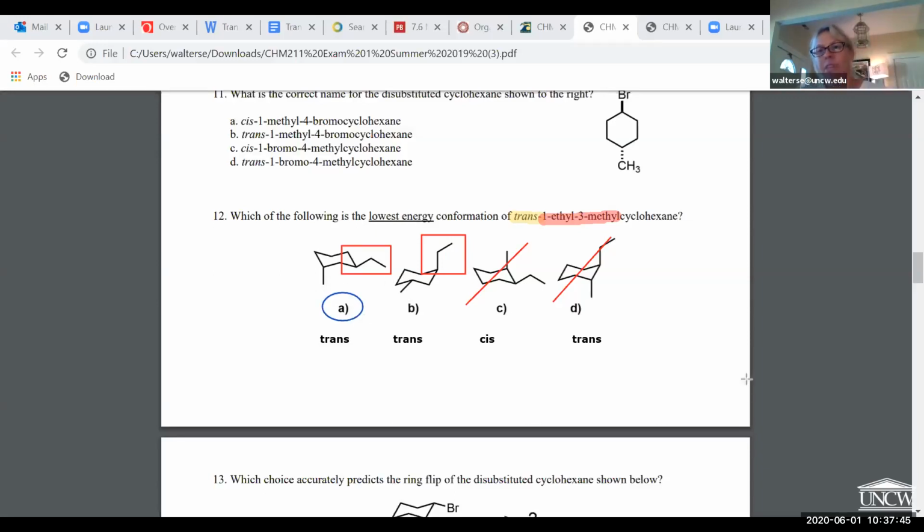Okay. And this is a good example of, when you approach your exam, read the question first and figure out what information is being given to you that will help you narrow down your selections. One thing we've had in the past is people getting stuck between A and C because they both have the ethyl group equatorial.